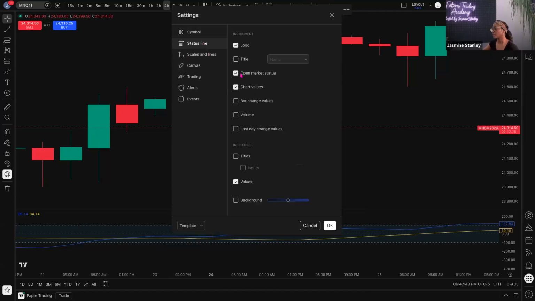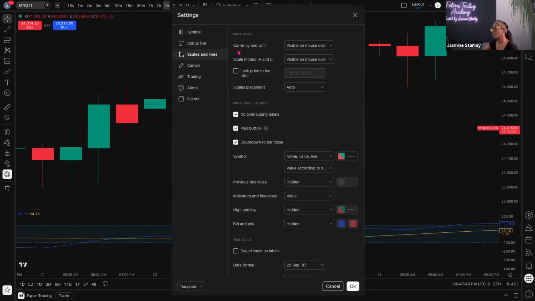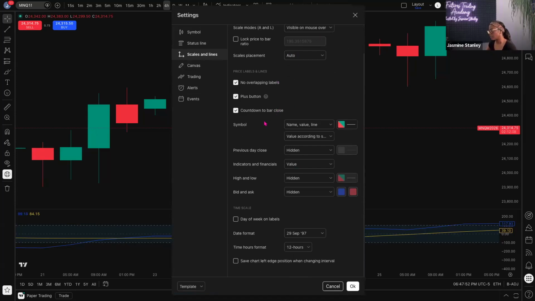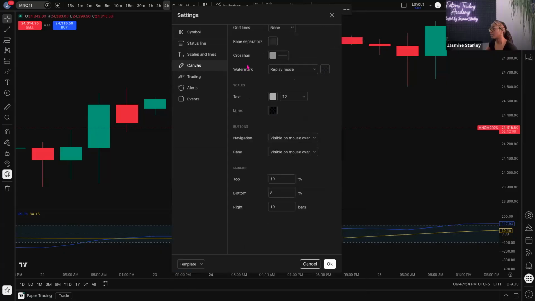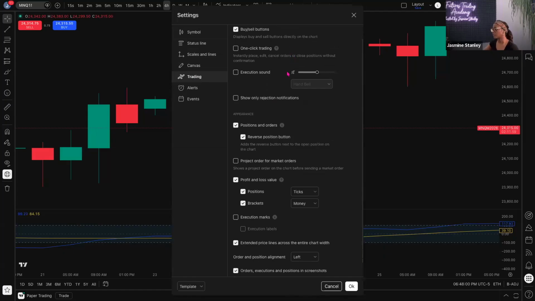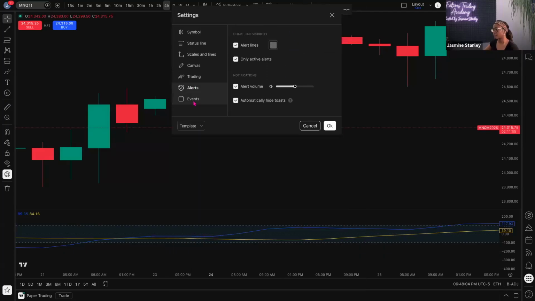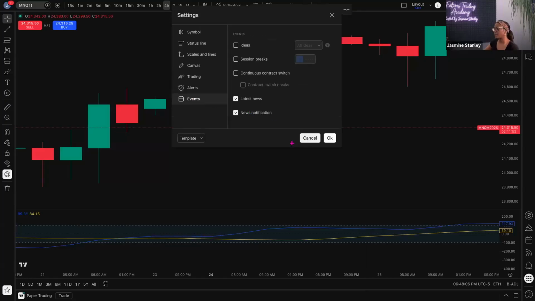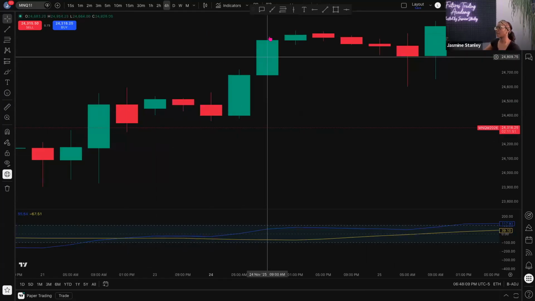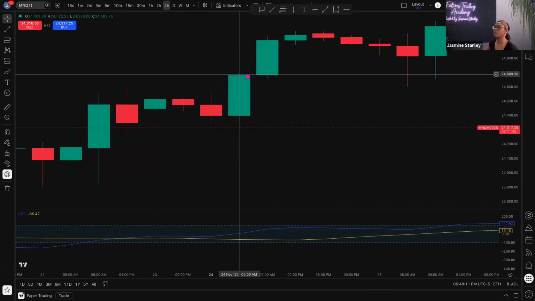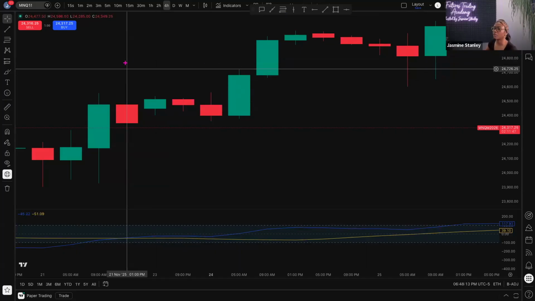Status line. Visible mouse. Where is it at? Dang. Oh no. I can't find it, but I was trying to get this crosshair off so that it's easier for me to actually show y'all stuff.